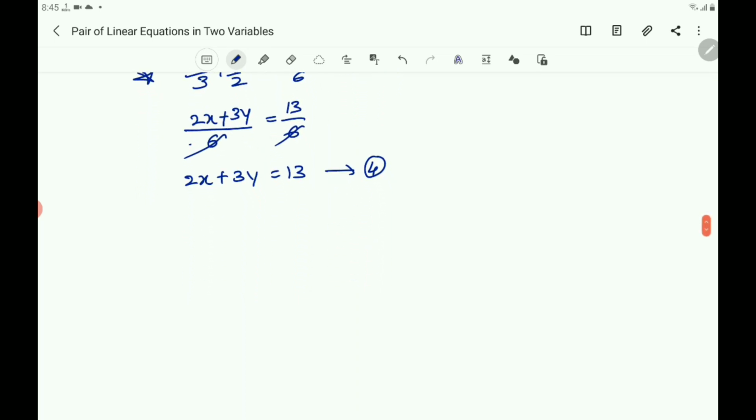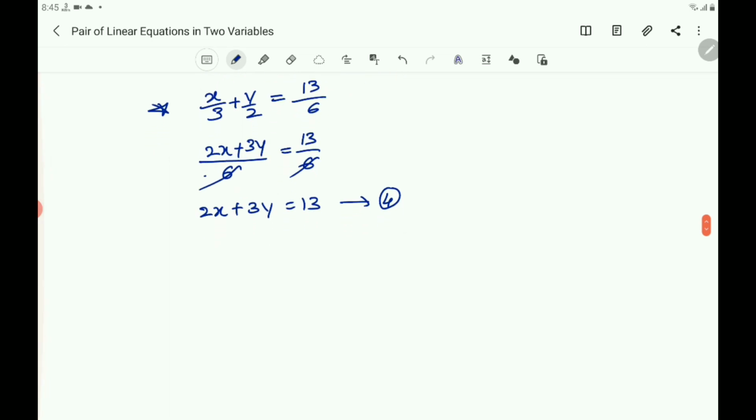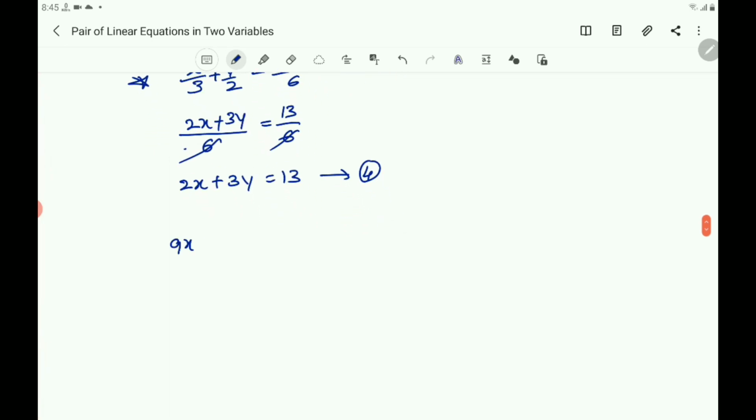So you write one below the other. Third one is 9x minus 10y equals minus 12. This is the third equation. And the fourth equation is 2x plus 3y equals 13.